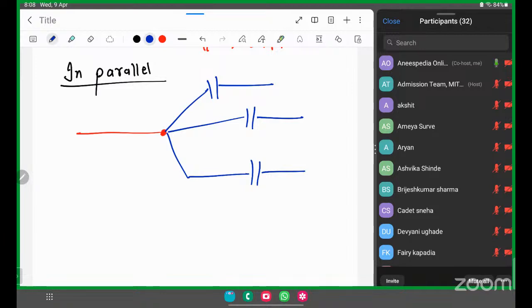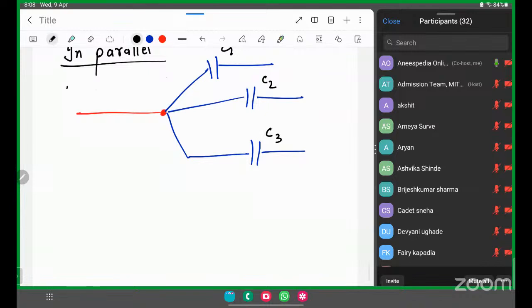Important point is, in case of parallel combination, each capacitor will have its different wire. So capacitor C1 has its wire separately, capacitor C2 will have its wire separately, and C3 and so on. First point is this, that in case of parallel combination, all the capacitors will have different wire and all the wires will be connected to a single point.